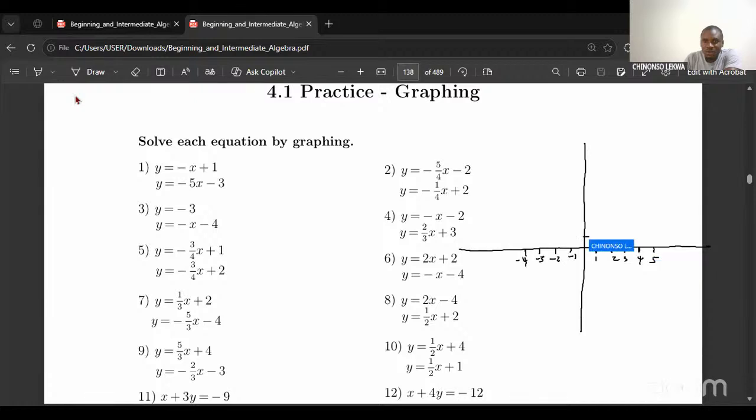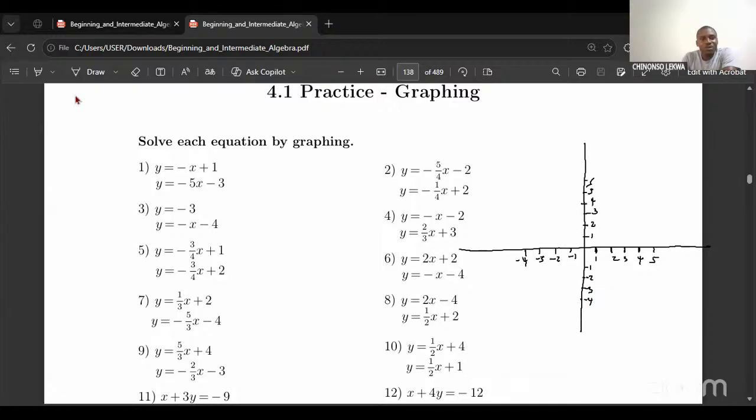The same thing on the y-axis. So 1, 2, 3, 4, 5, 6. And then -1, -2, -3, -4, and so on.